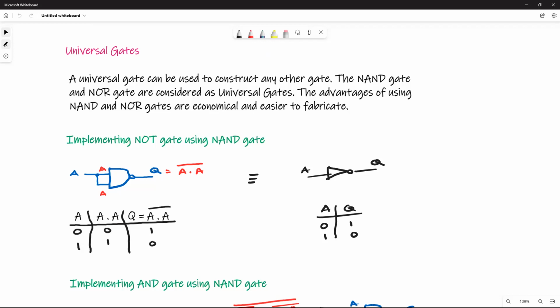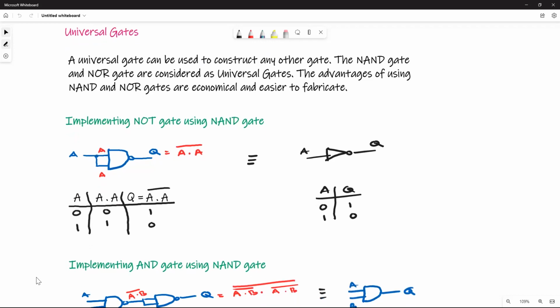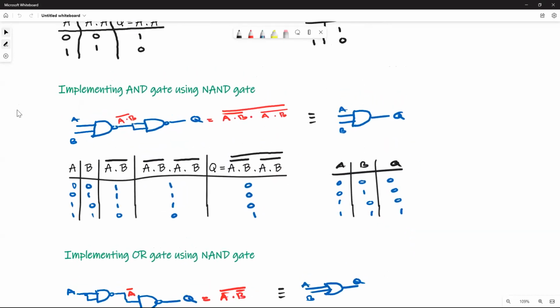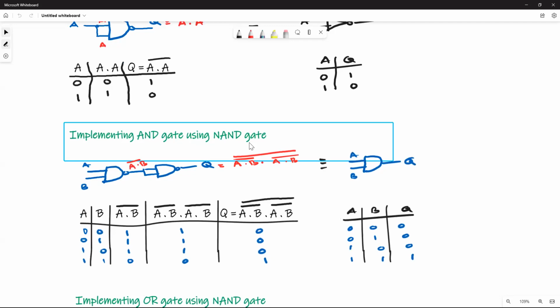Now, the next thing that we are going to make is an AND gate. When you have a NAND gate, how do you make it an AND gate? To implement an AND gate using NAND gates, we use two NAND gates.